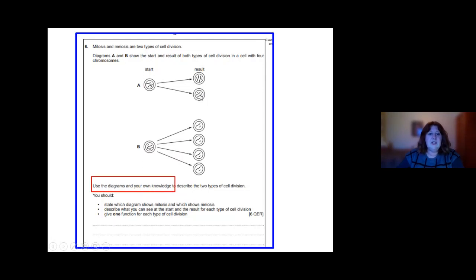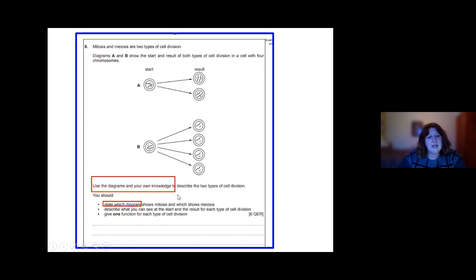So the question says, use the diagrams and your own knowledge, state which diagram shows mitosis and which one shows meiosis. From the fact that we've got identical numbers of chromosomes in A, that is mitosis, I hope you'll agree, and in B, that is meiosis, because that's got half the number.